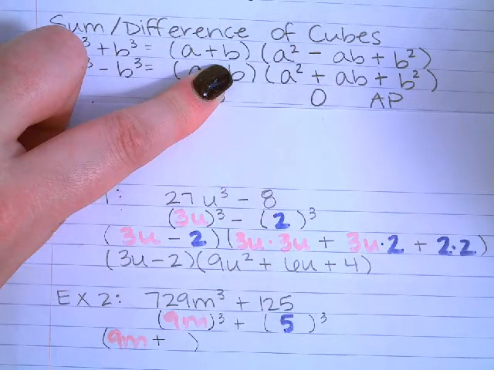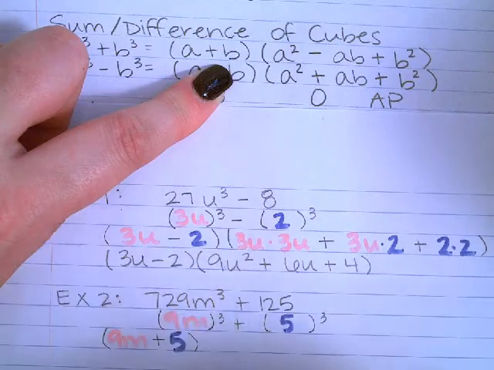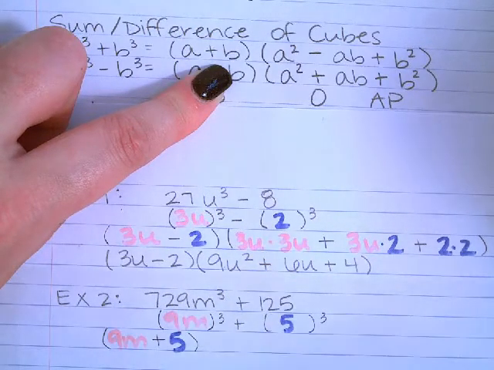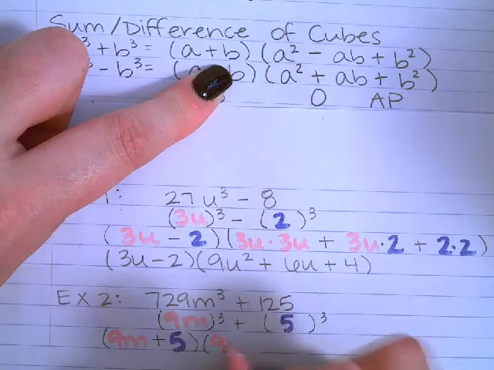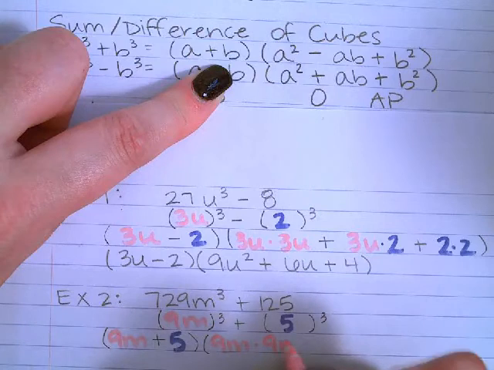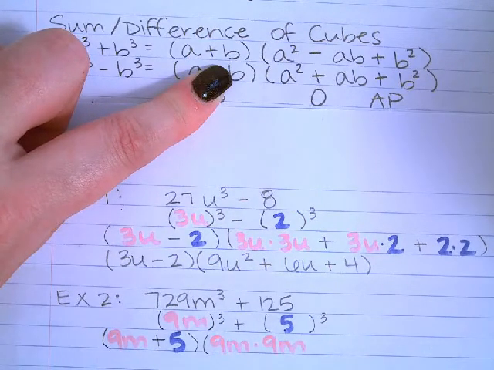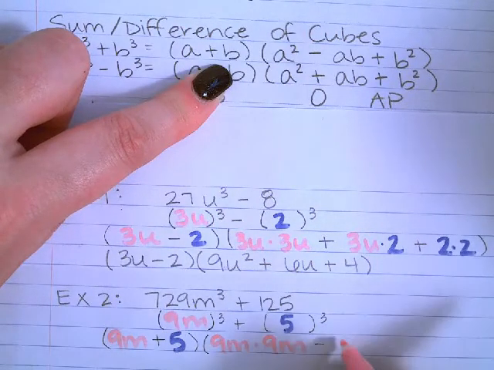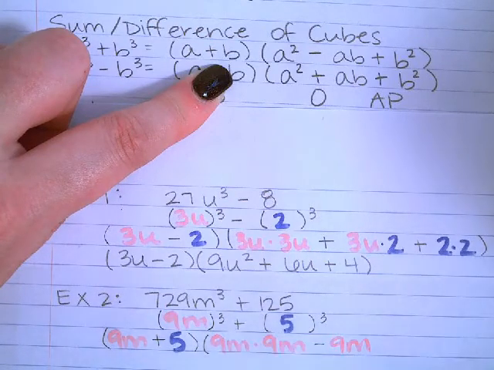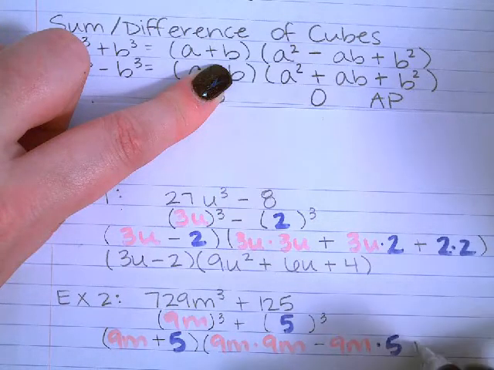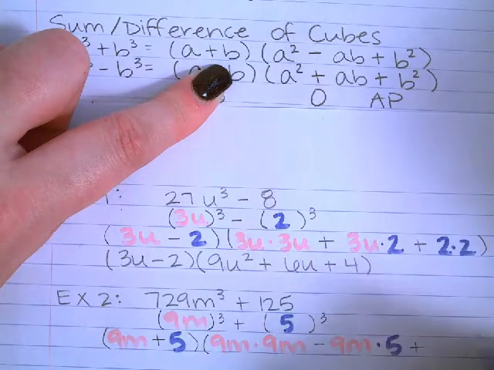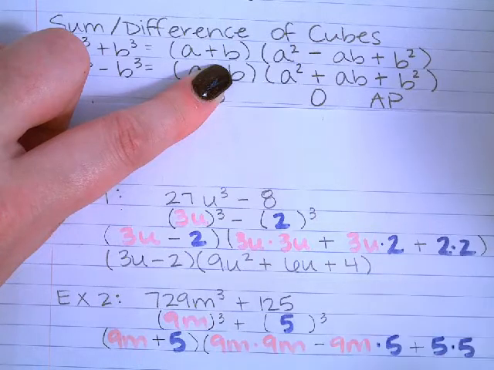Plus, keep the same sign as the problem, plus 5. All right, then I have a multiplied by itself. 9m times 9m. Okay, now I have the opposite sign, and I have a multiplied by b. So times 5. And then I have always positive, and I have b multiplied by itself.